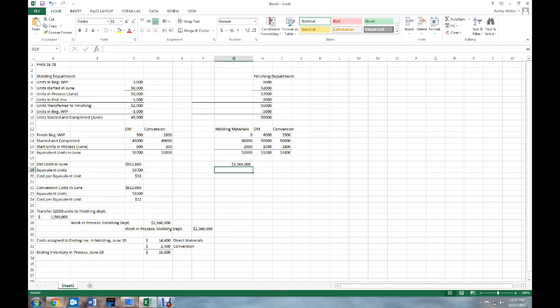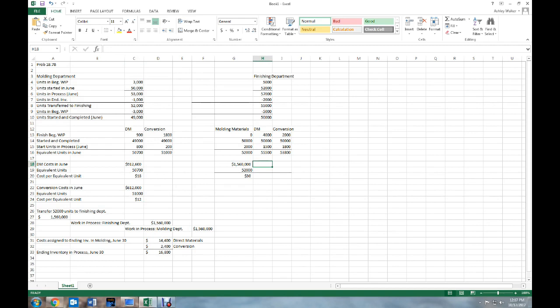Now we need to divide by our equivalent units. Make a nice line here. So our total costs divided by our equivalent units, $30 per equivalent unit with respect to molding materials. That should match what you transferred out, and it does. So we're in good shape.